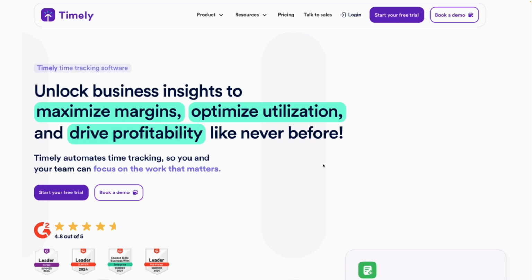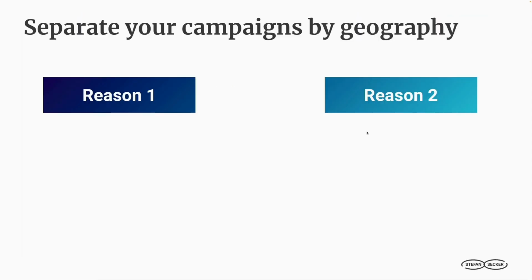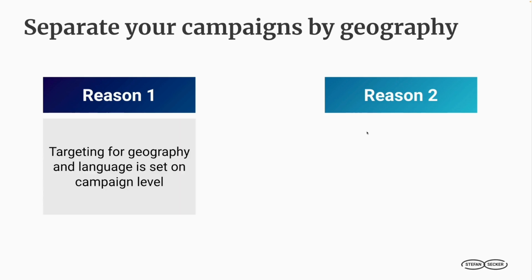There are a few different variables you can use to structure your campaigns. And if you sell internationally at all, I would always recommend to have different campaigns for all of your different geographies. And the reasons for that are twofold. Firstly, the targeting for language and geography is set on a campaign level, and you don't want to have to do that for every individual ad group.